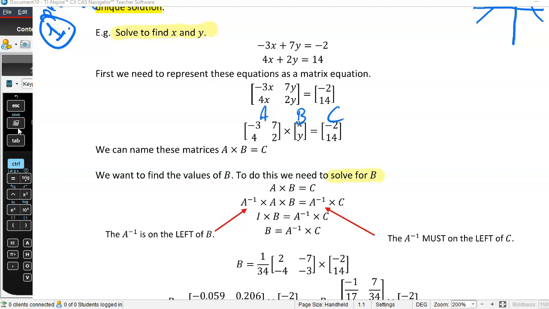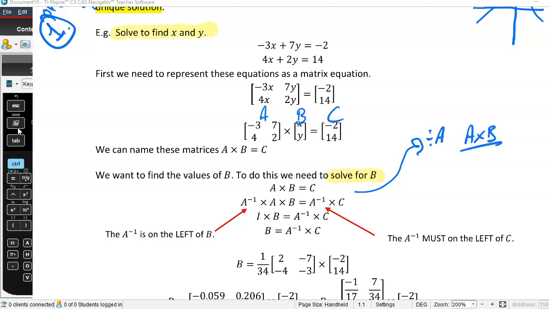So I need you to think about the linear algebra skills that you have. Let's set this up. We've got matrix A times matrix B equals matrix C. Now, usually, if this was ordinary algebra, we'd divide both sides by A, wouldn't we?